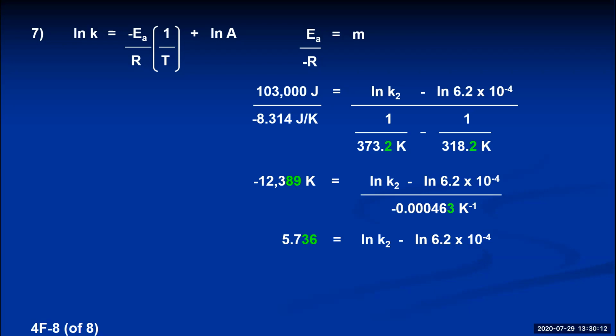I add the natural log of 6.2 times 10 to the minus 4th to both sides, and I get the natural log of K2, which turns out to be negative 1.650. Taking the anti-log, or raising both sides of this equation to e as a base, I can calculate K2, the specific rate constant at 100 degrees, which turns out to be 0.19.